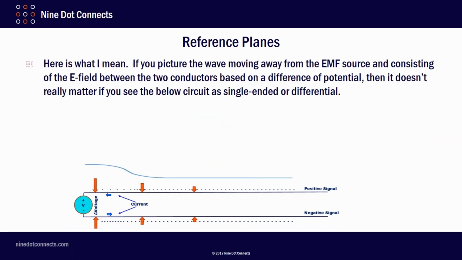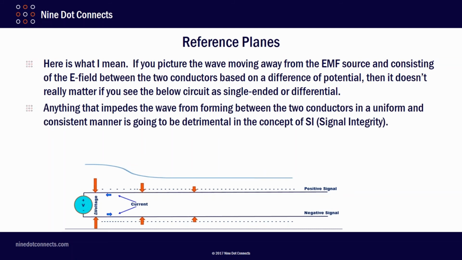Here's what I mean. If you picture the wave moving away from the EMF source and consisting of an electric field between those two conductors based on the difference of potential, then it doesn't really matter if you see the below circuit as single-ended or differential. Anything that impedes the wave from forming between these two conductors in a uniform and consistent manner is going to be detrimental to your signal integrity.